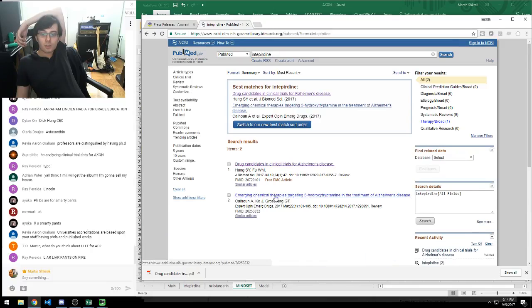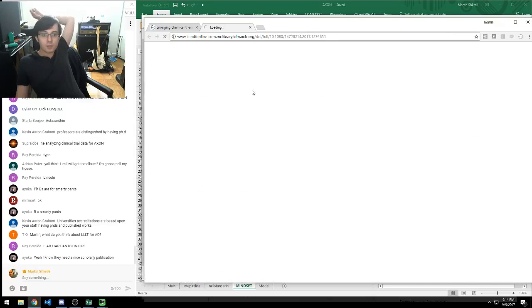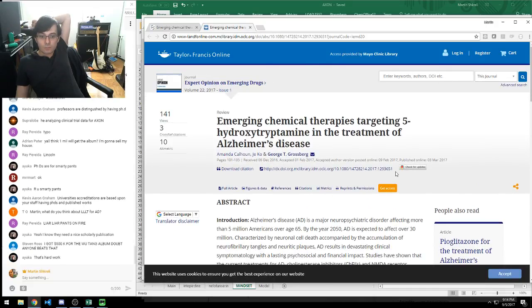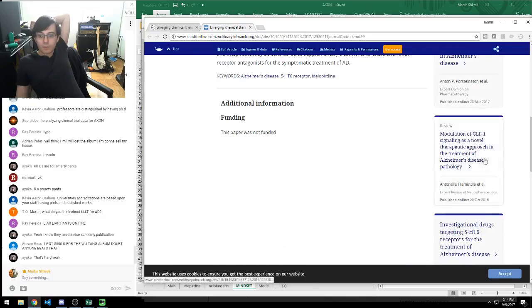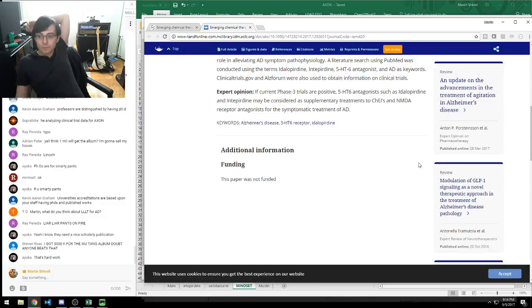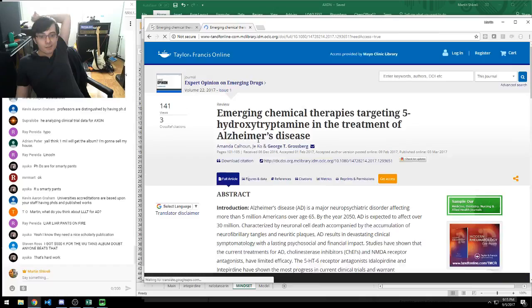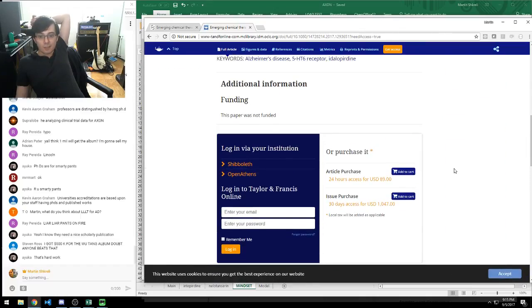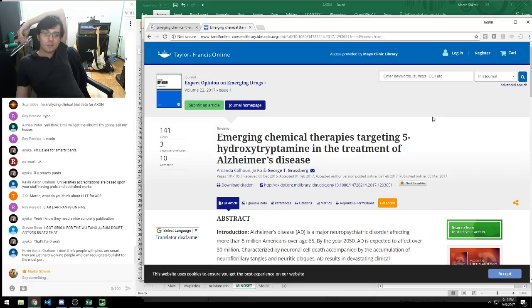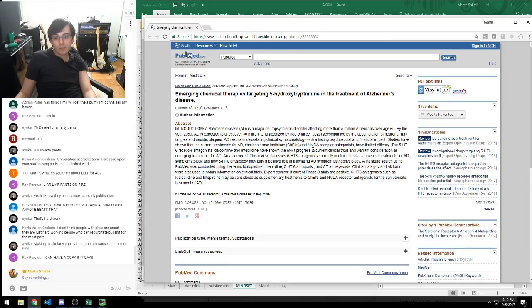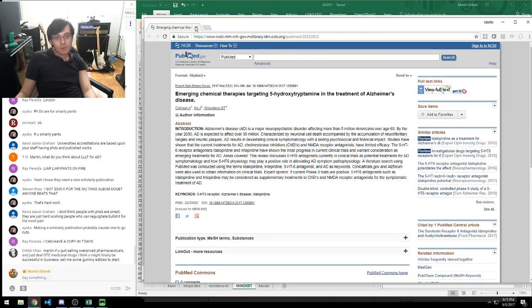Let's look at the second one. Emerging chemical therapies targeting 5-HT in the treatment of Alzheimer's disease. Where's the PDF? Get access. All right. I'm unable to get access through this account, so I'm going to pass on reading further, but that's fine.